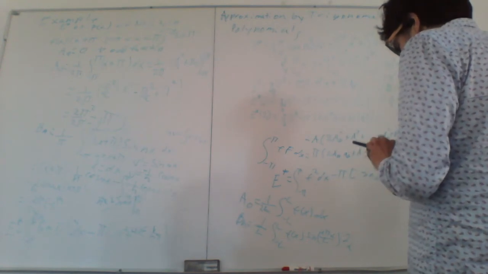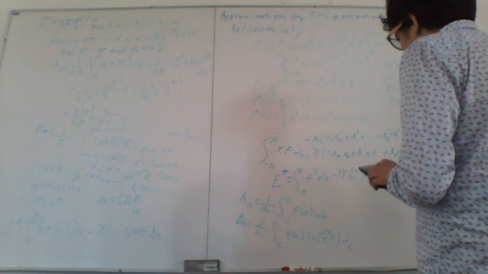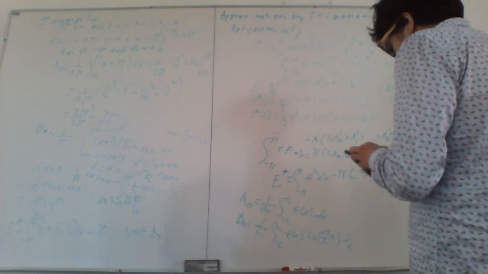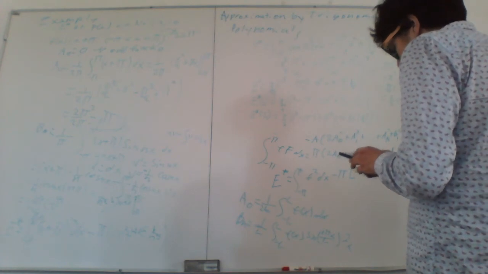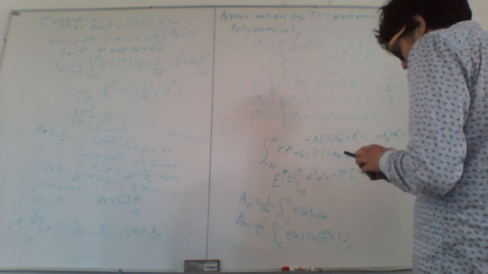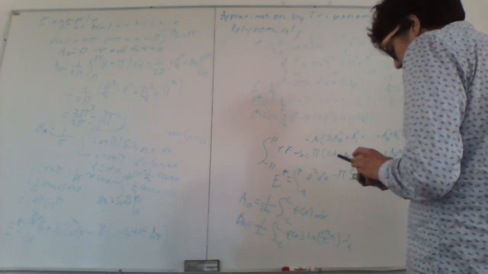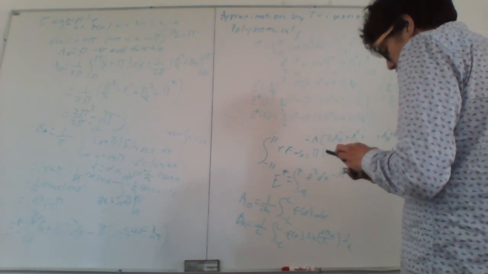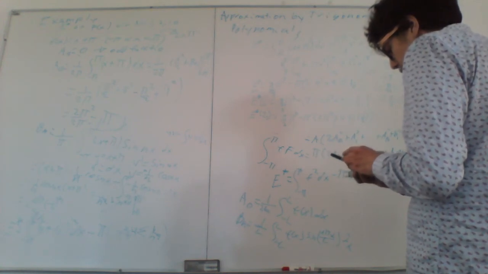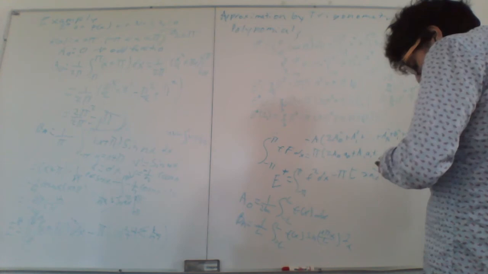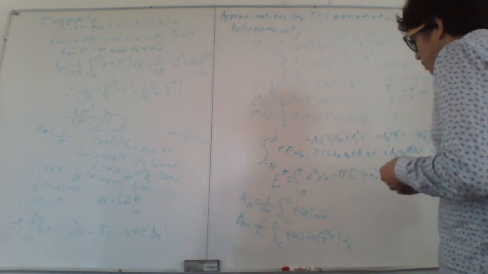So it's 1 plus 1 quarter times 4 plus 2 pi squared times minus pi, plus 8/3 of pi to the cube. So the answer is 4.96.